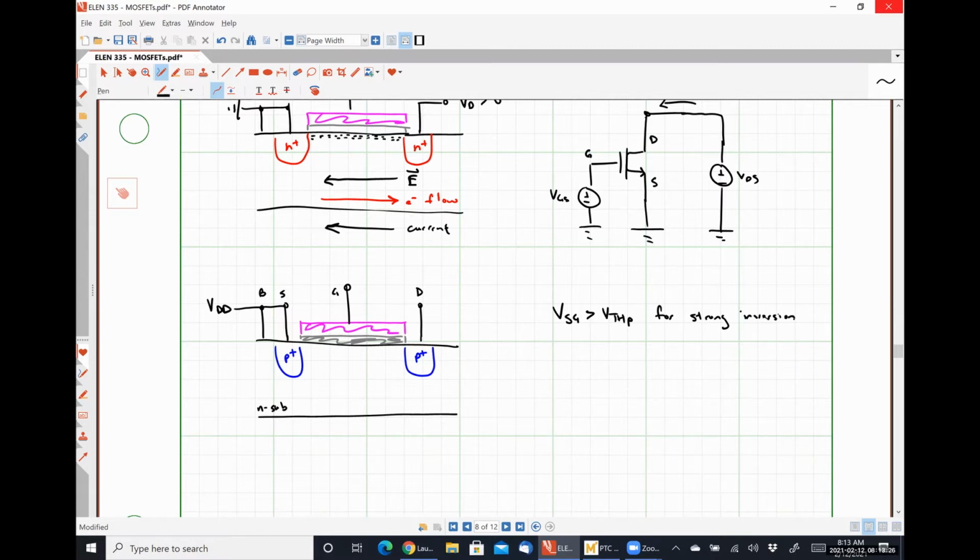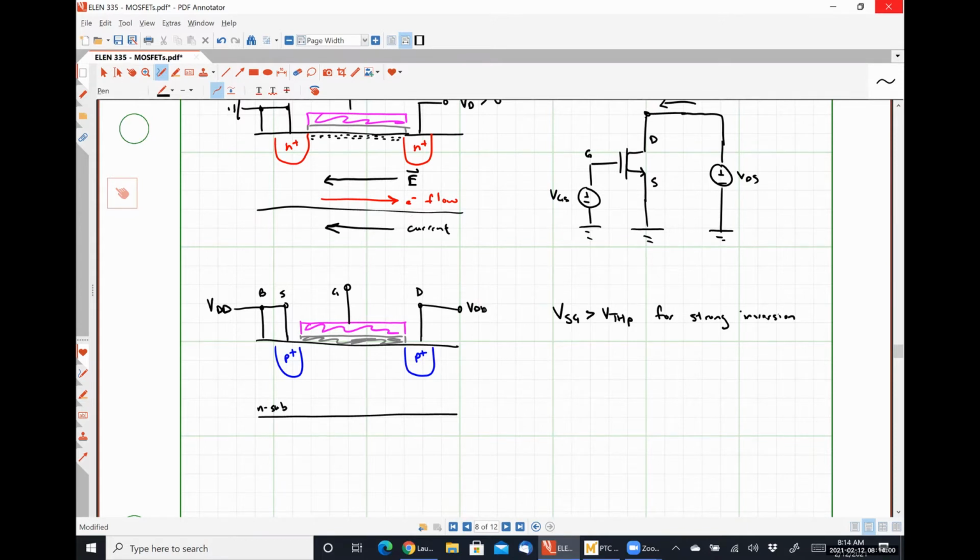So strong inversion will occur when the gate voltage is sufficiently less than the source voltage. And I'm writing that as VSG, where the source is implicitly at a higher potential than the gate. When it's greater than the threshold voltage, we get strong inversion. All right. So right now my drain is at a floating potential, right?